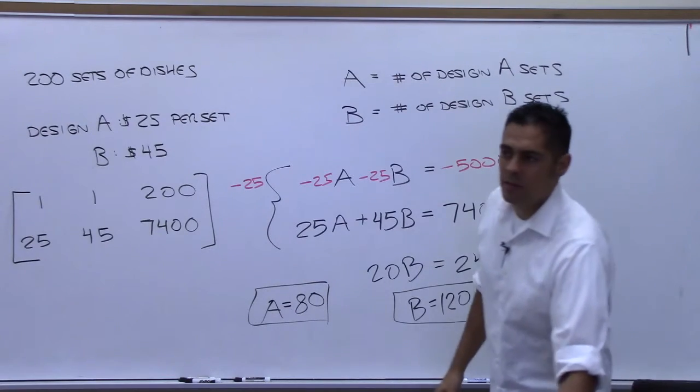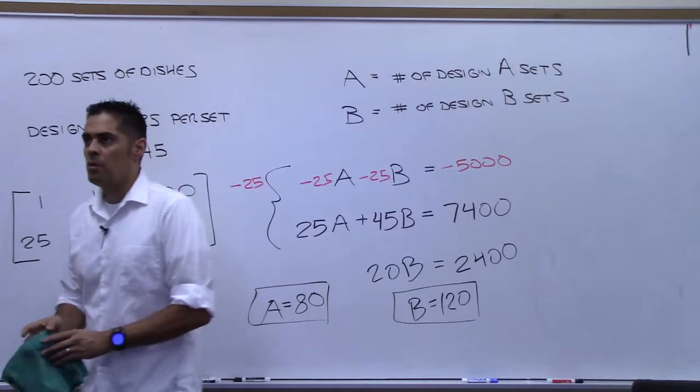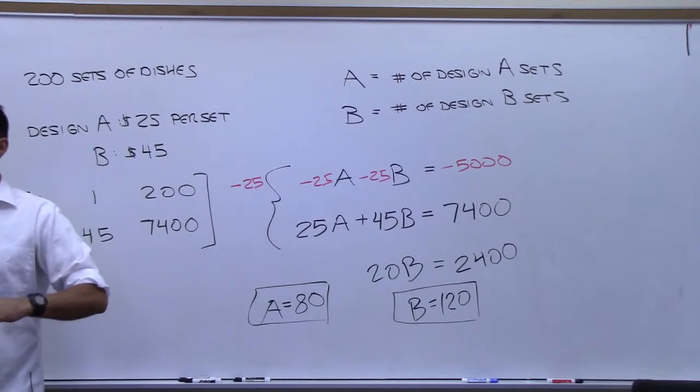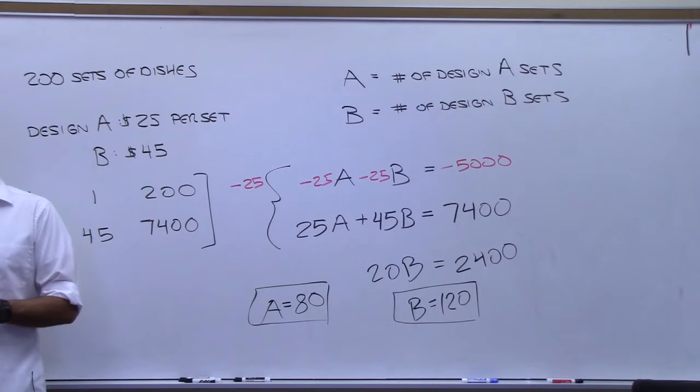I would refer back to the lecture video, right when we were doing systems of equations with 3 equations and 3 unknowns. So follow that method. Just go back and review. I can't do that in 8 minutes. I know.